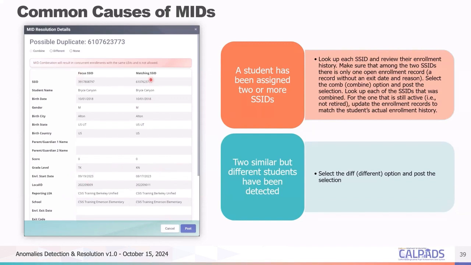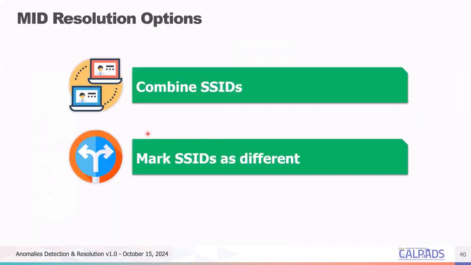So the student was this 610, and then same birth city, same everything except enrollment date and the local ID. So that's an example of a MID. A MID can be resolved by combining the SSIDs using the MID resolution tool that we have, or marking the SSIDs as different.